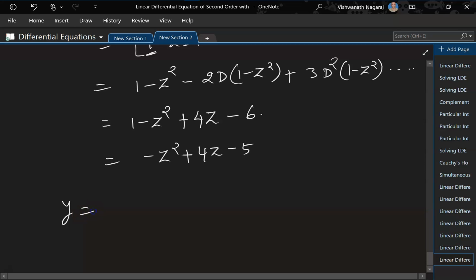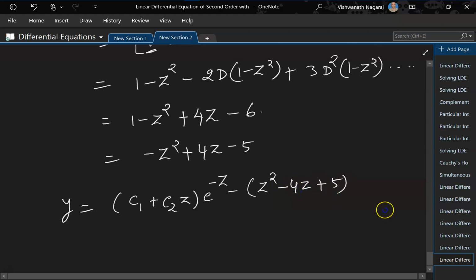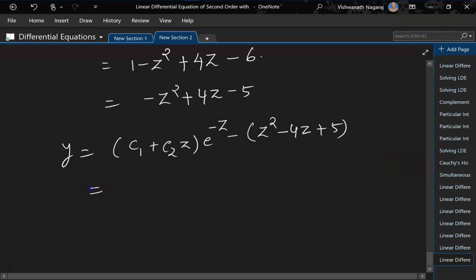So the solution would be equal to (c1 plus c2 z) e to the power of minus z minus the particular integral, which, if we take the minus out, becomes z² minus 4z plus 5. And we substitute z back.